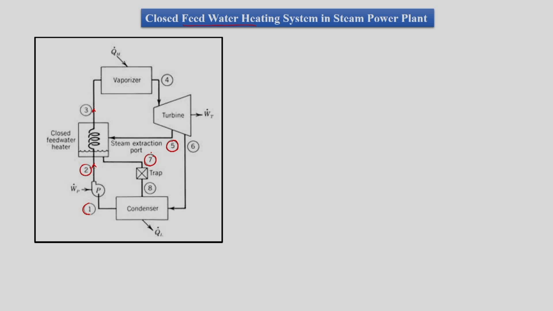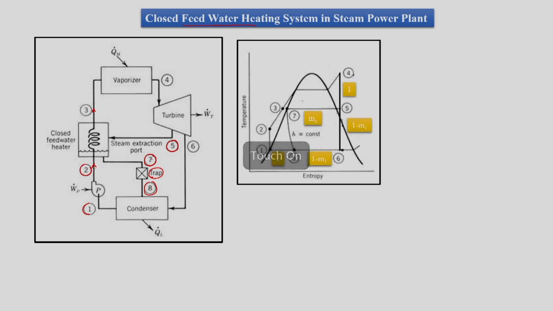They are not mixing. Then the steam which has dropped its enthalpy to 7 is sent back through a trap to the condenser. This is mostly an isenthalpic process where we have the trap for sending the steam from state 7 to state 8. So this type of feed water heater is called a closed feed water heater.